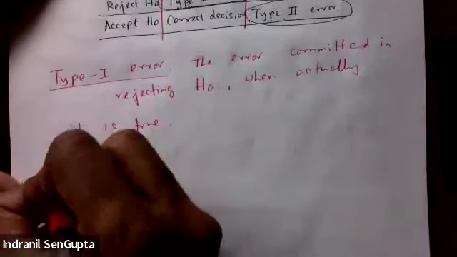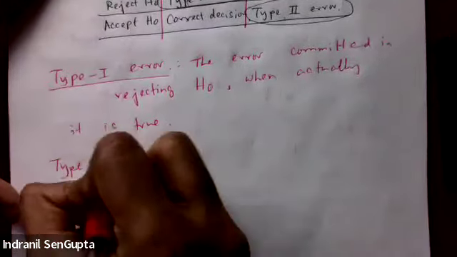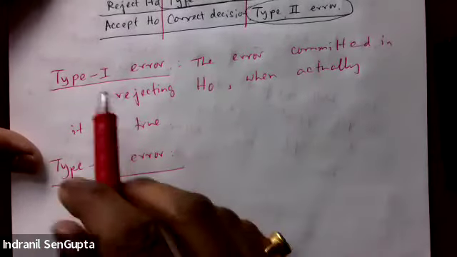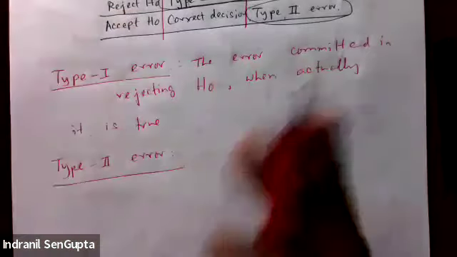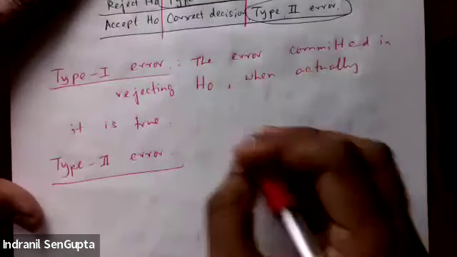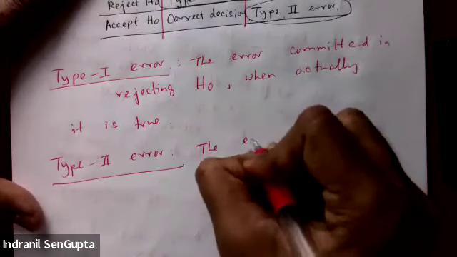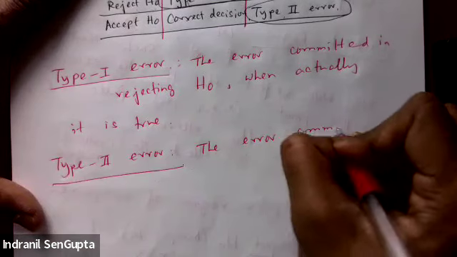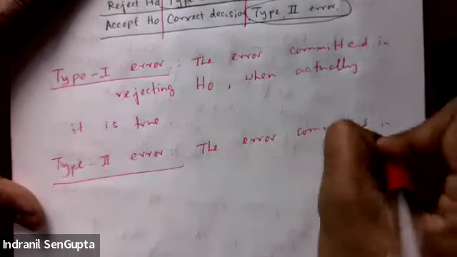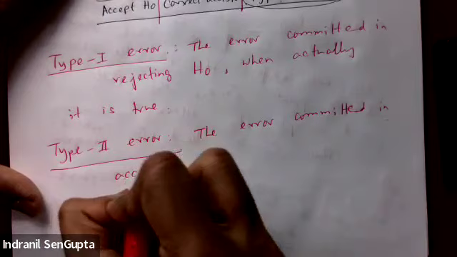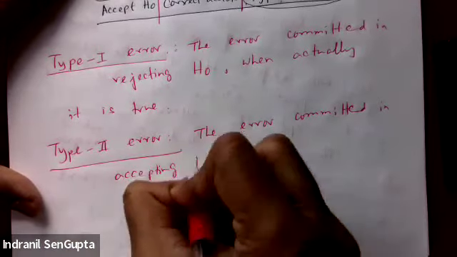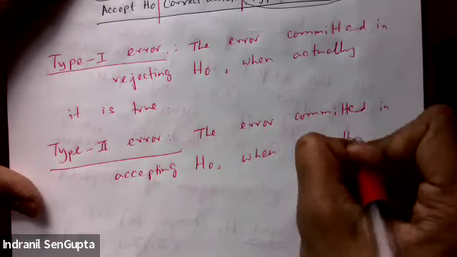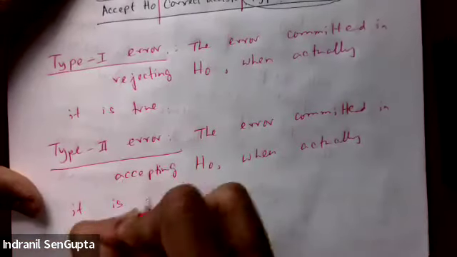And the second one is type 2 error. Well, actually, we'll not compute it; we'll somehow bound it within a range. This is the error committed in accepting H0 when actually it is false.